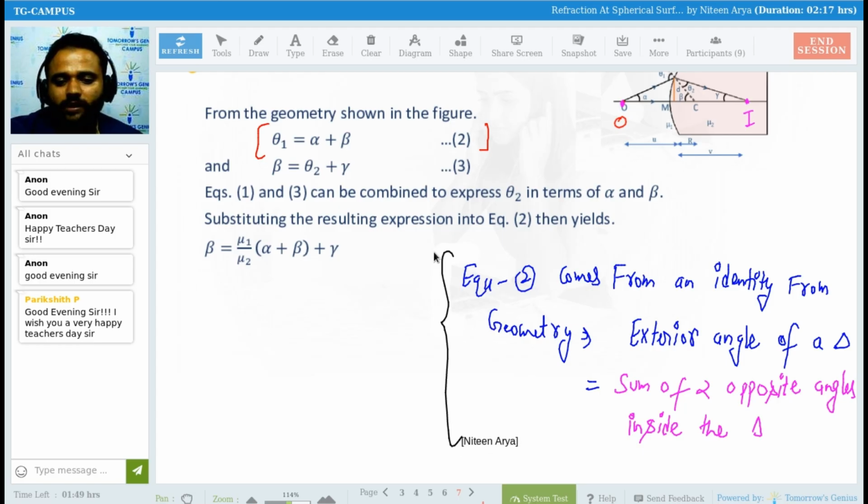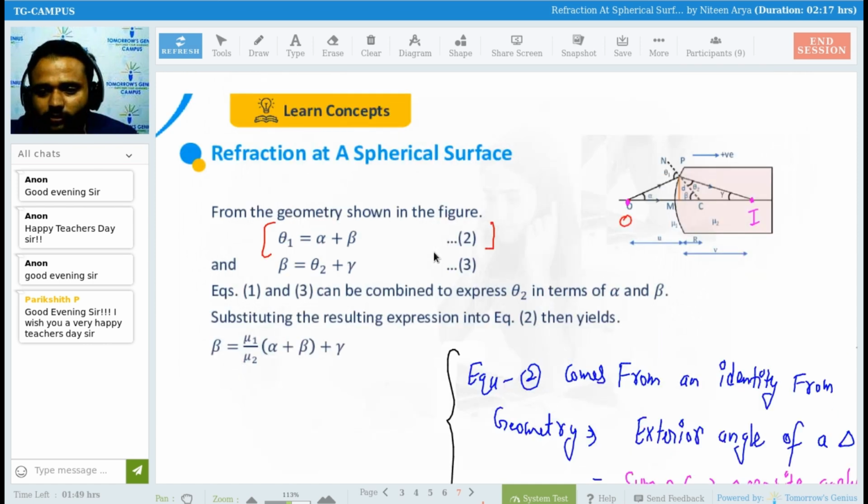As you can see here, first of all, these are the two angles in a triangle: this is alpha, and that is beta. This is your theta1, which is the exterior angle.